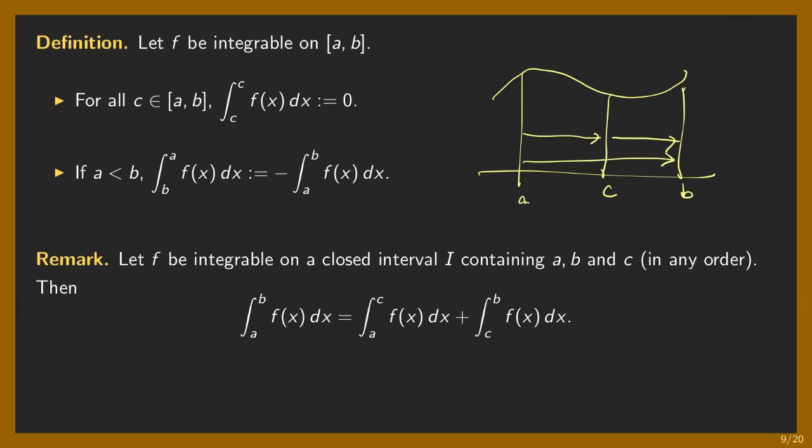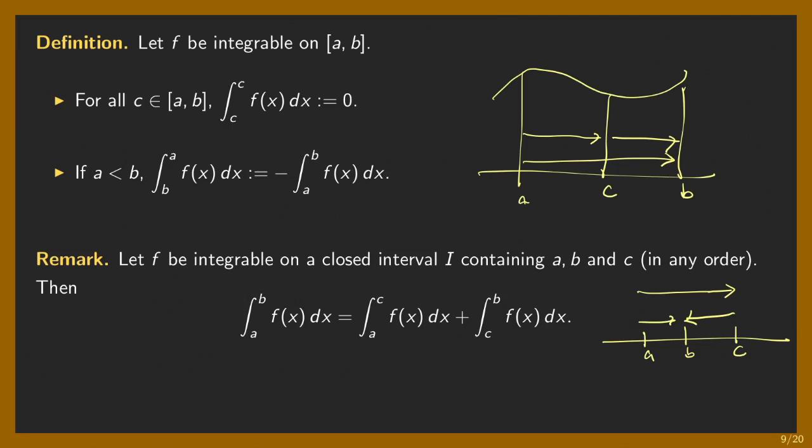It can be shown using these conventions that whatever the order of a, b, and c is, let's say this is a, b, c, our additive property still works. I mean, the integral from a to c plus the integral from c to b still equals the integral from a to b. In this case, why?